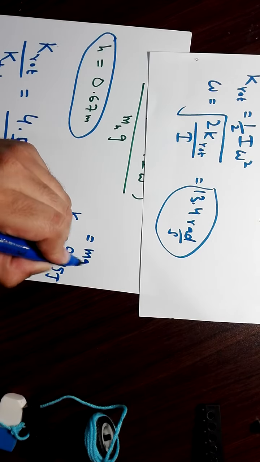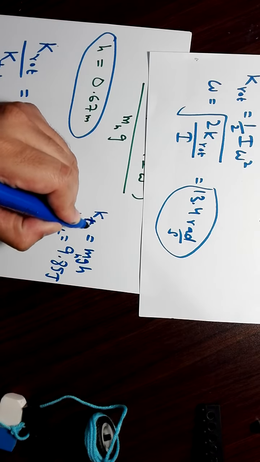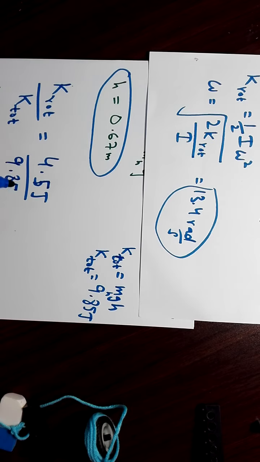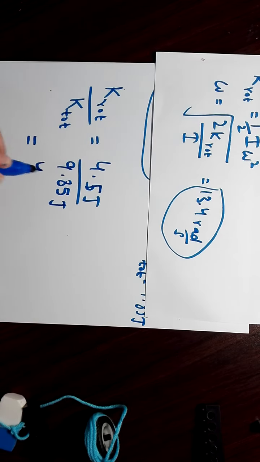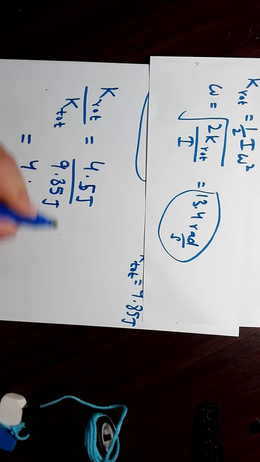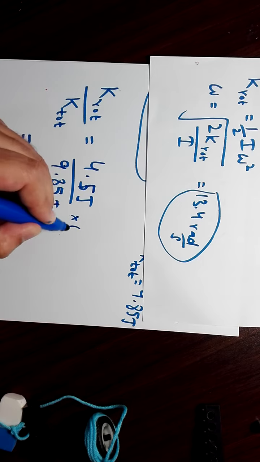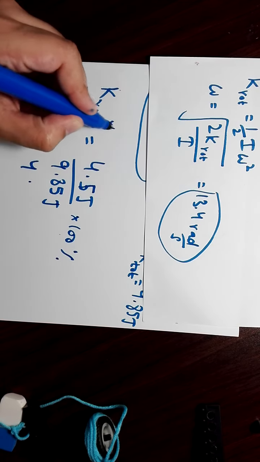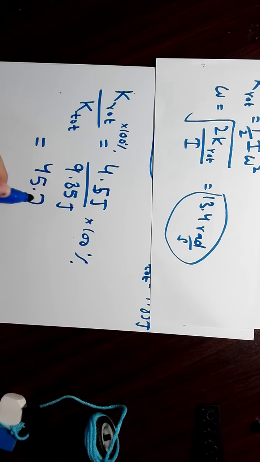You can plug in the numbers to check. Now, since you want the percentage, you multiply the ratio by 100%, and that gives you 45.7%.